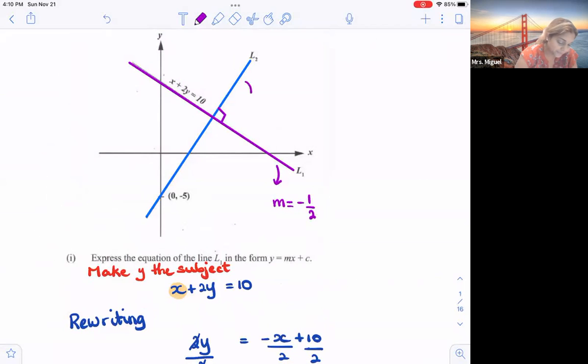And for the gradient of this line, M2, we simply flip the fraction and change the sign. So this becomes negative a half over, and this is 2. So the gradient of L2 is equal to 2.